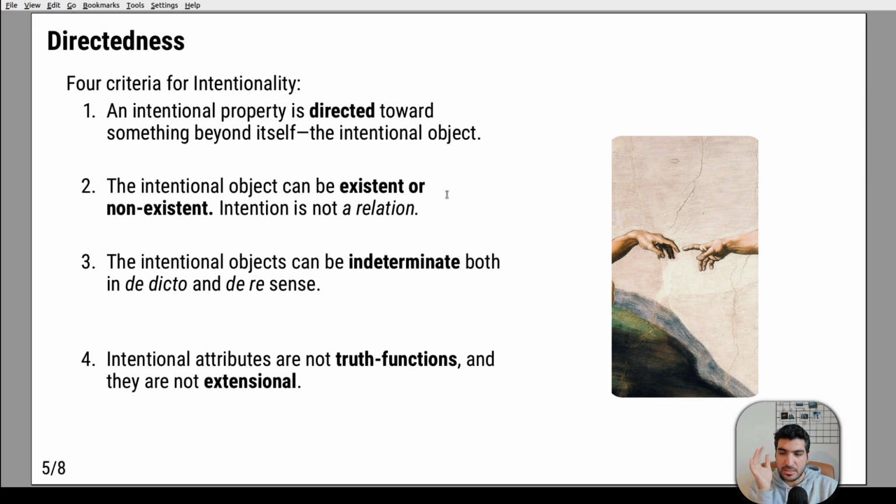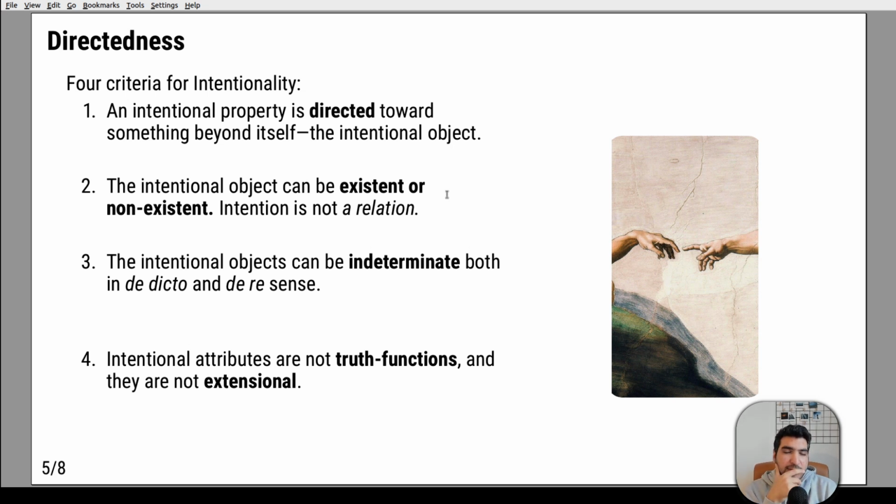If I tell you that I'm thinking about the money in the box, or I believe that there is money in the box, it's not a truth function in a sense that if we know that this is true, we cannot conclude that there is money in the box. In the same sense that if I tell you proposition A and proposition B, the and of them is true, you can conclude then A and B both are true. You can get something out of it. But here, if I tell you that I'm thinking about the money in the box, you cannot get any truth value out of that about the existence of money in the box.